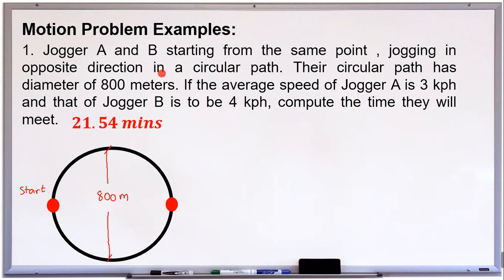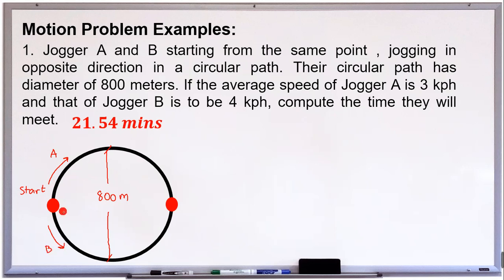Now, if you analyze the problem, these two joggers start at the same point and then they jog in opposite directions. So let's say jogger A goes in this direction, then jogger B goes in this direction.